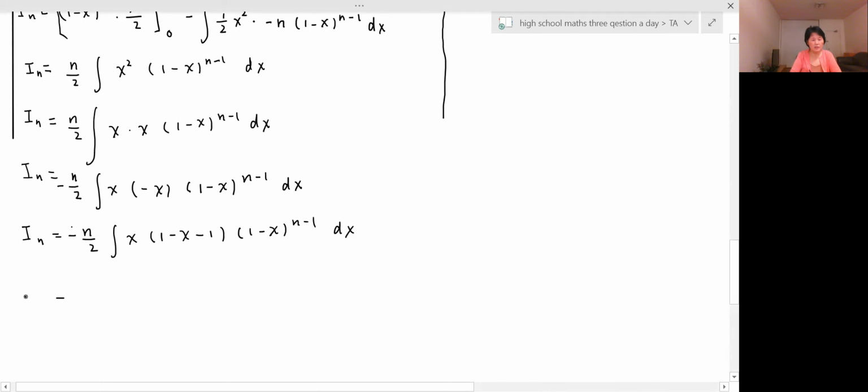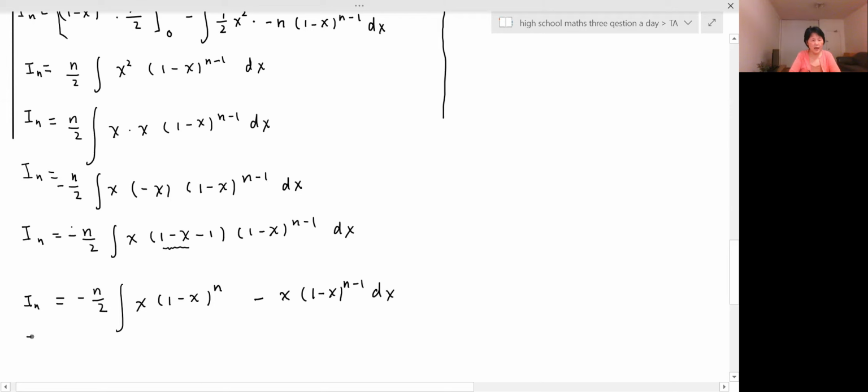Okay, so now I_n then equals minus n on 2. Then this one, x times this times this one, will give you x (1 - x)^n. Then minus the x times minus 1 times this one will be minus x (1 - x)^(n-1) dx here.